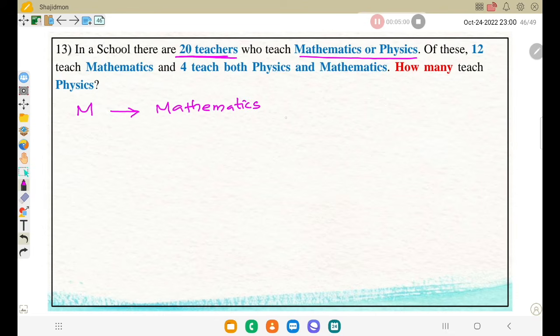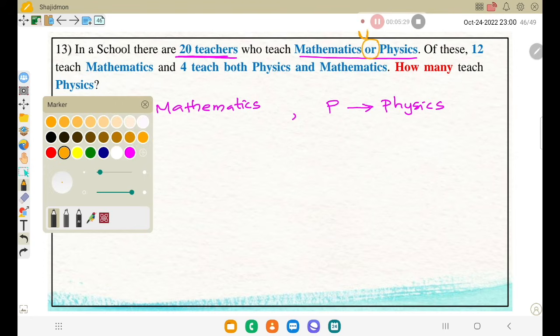And physics teachers I am representing by P. So 20 teachers who teach mathematics or physics. You can see that word "or". What is the meaning of or? Union. Keep in your mind, or means union. So the number of teachers teaching mathematics or physics is 20.